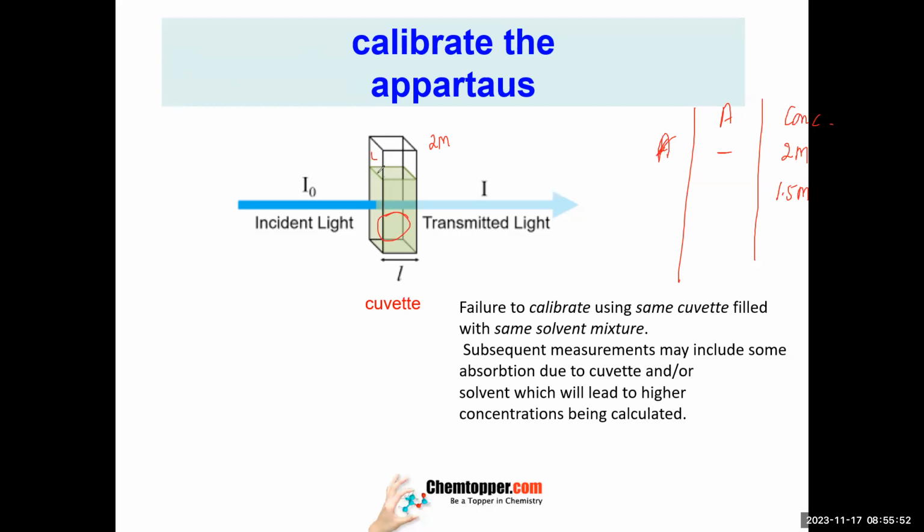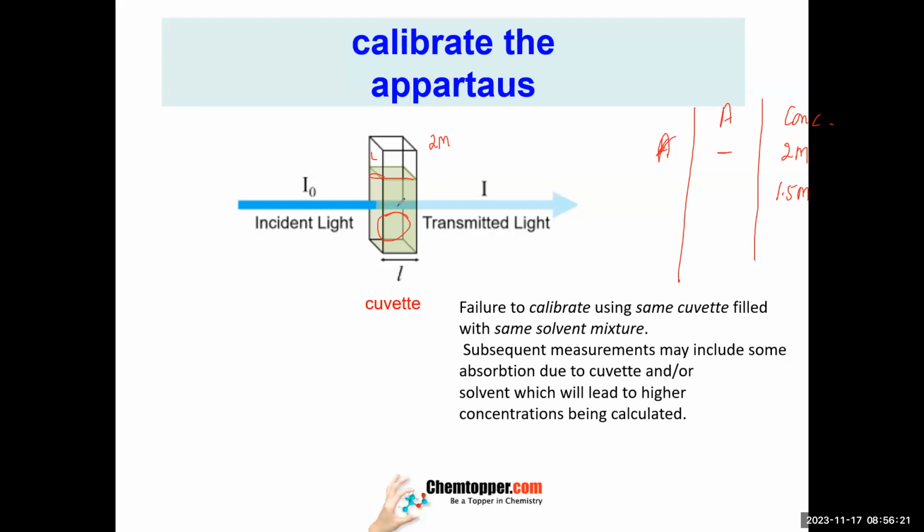Don't fill it up to here, just a small amount. Rinse it. Rinse means shake it so that the glass layer of the cuvette has this 1.5 molar on it. Throw it. Do it at least 2 times with 1.5 molar so that the traces of water are completely removed. See, you are understanding these things, children?